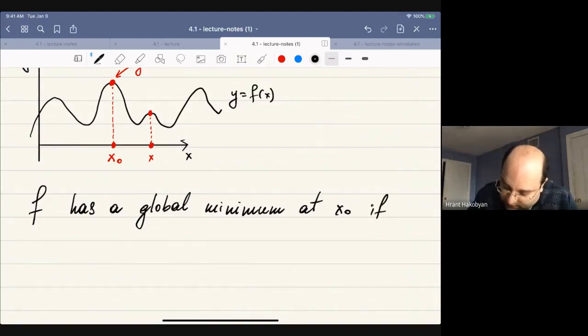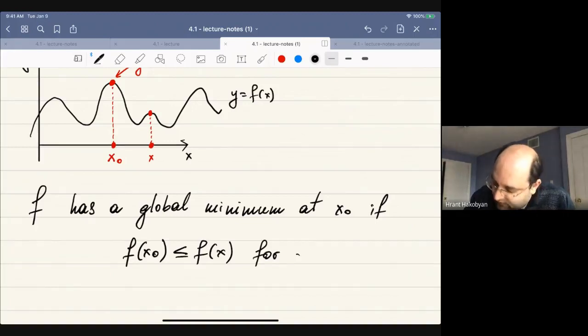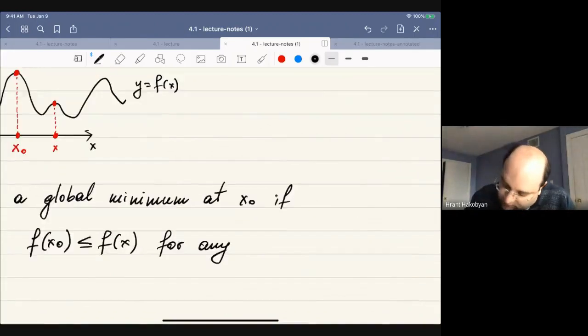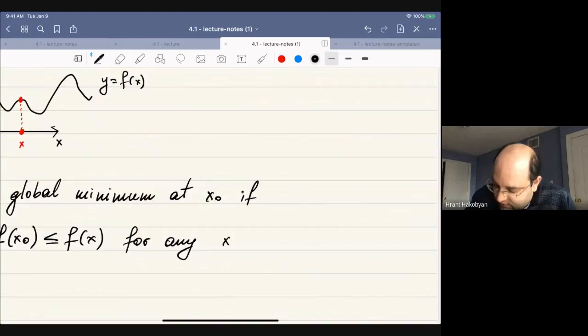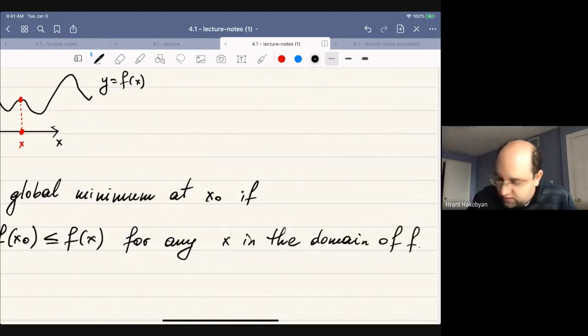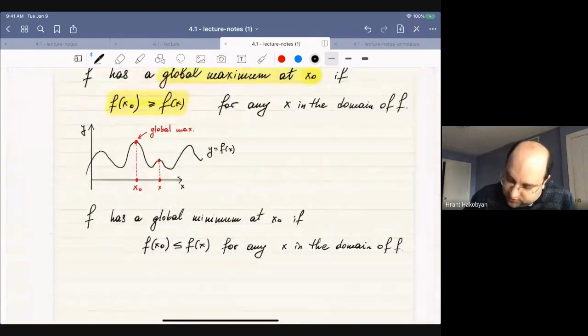We have that f of x naught is less than or equal to f of x for any x in the domain of f.